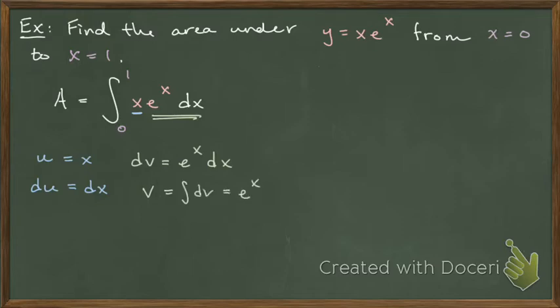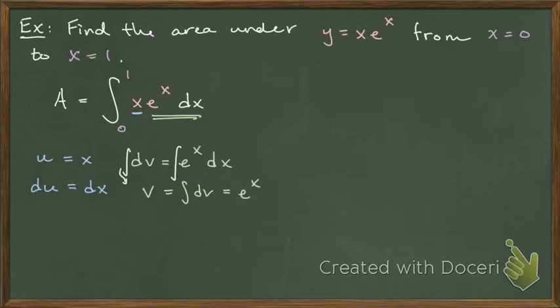So for us, that is the integral of e to the x. So to go from dv to v, I'm taking an antiderivative, right? And that's getting me that e to the x.